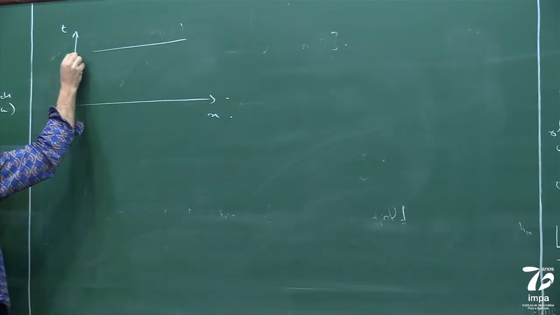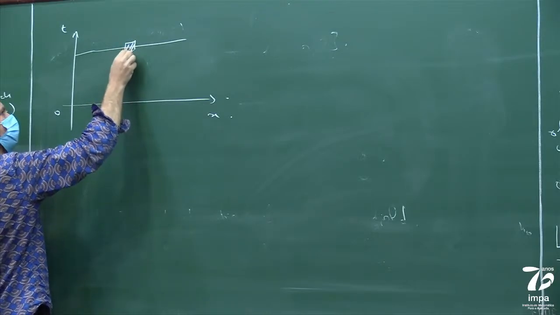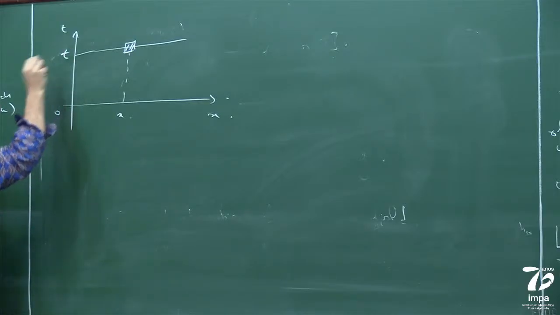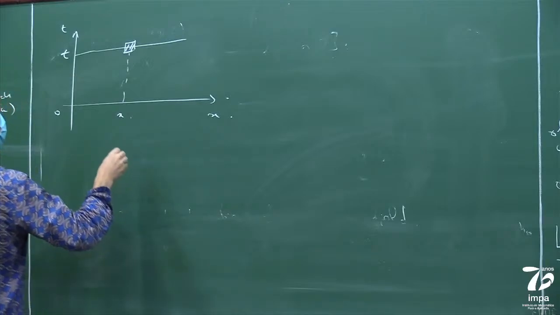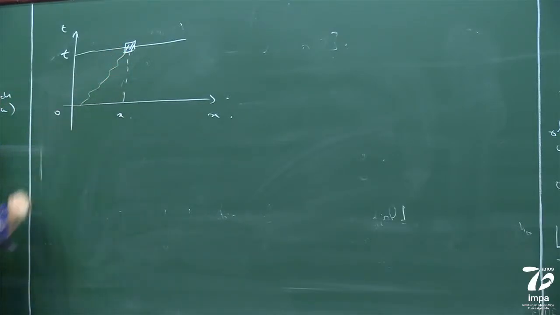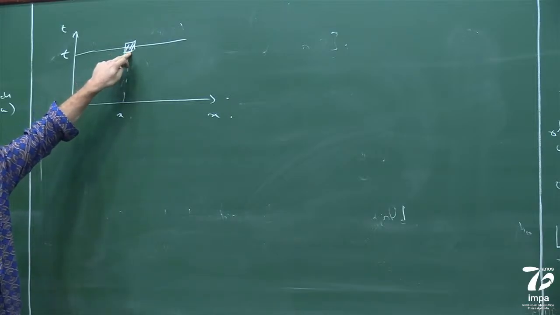If I want to know the value of the scalar at this position, x and t, I just have to trace back in time the fluid trajectory which is at this position at time t.